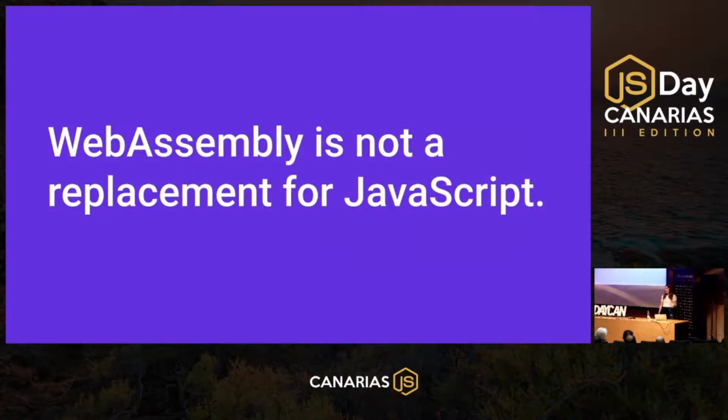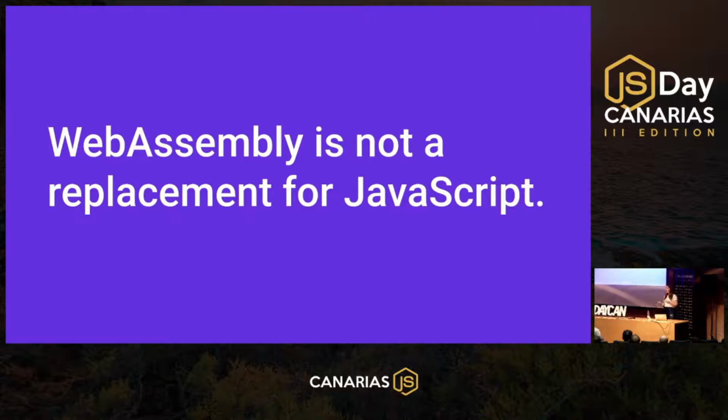And JavaScript is really good at a lot of things, actually. New frameworks are very efficient at DOM manipulation. And sticking to pure JavaScript is probably going to be both faster and easier for a lot of you. But because they work together, you can now use WebAssembly for some specific things, like write a core functionality that needs high performance in WebAssembly, and write the rest of your app in JavaScript.